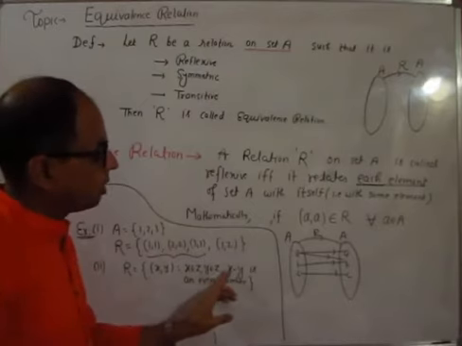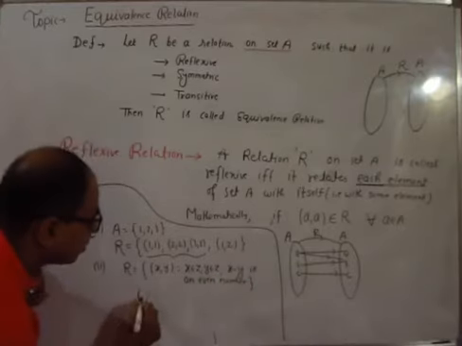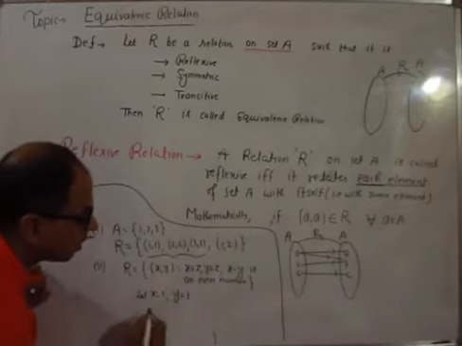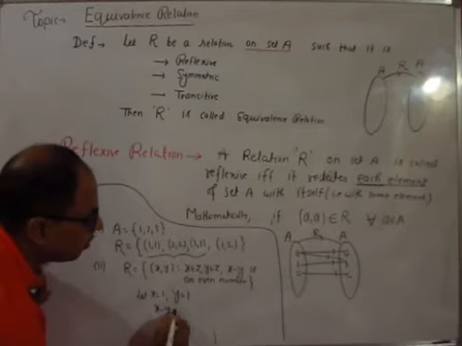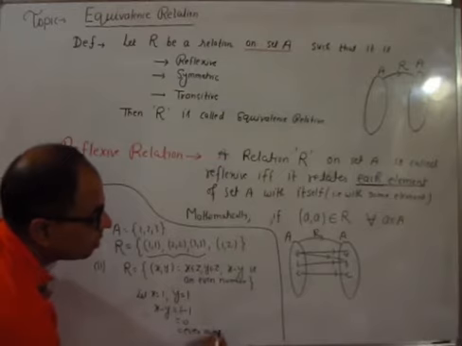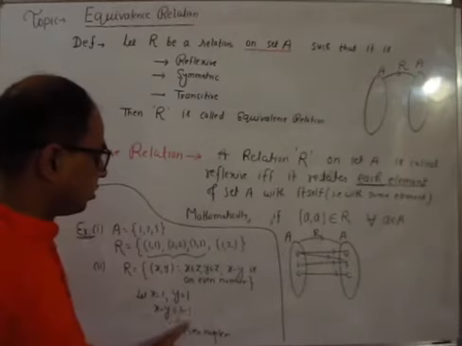So if I put x equal to 1 and y equal to 1, then x minus y is 1 minus 1, that is 0, and 0 is an even number. We know that 0 is an even number.